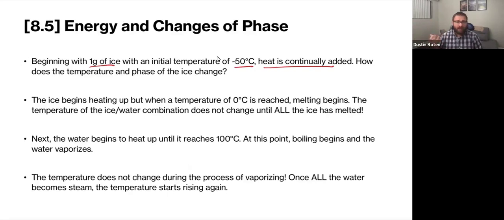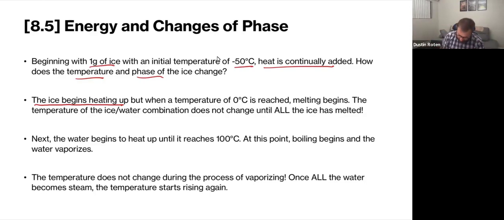So the question is, how does the temperature and the phase of the ice change? Well, clearly, since it's at -50 degrees Celsius, it's going to start heating up. There's no phase changes in sight. We can totally take -50 degrees, add some heat, change it to -40 degrees, -30 degrees.